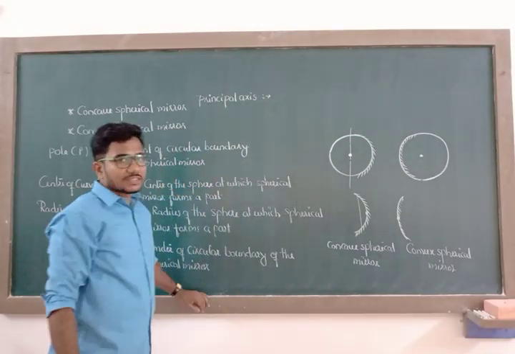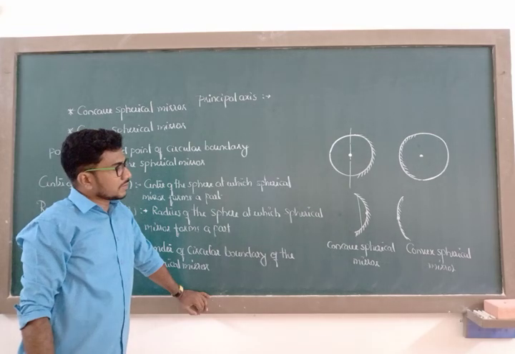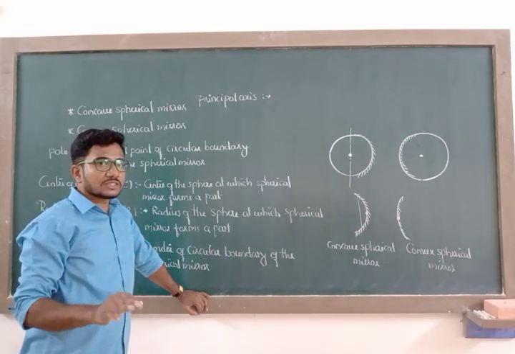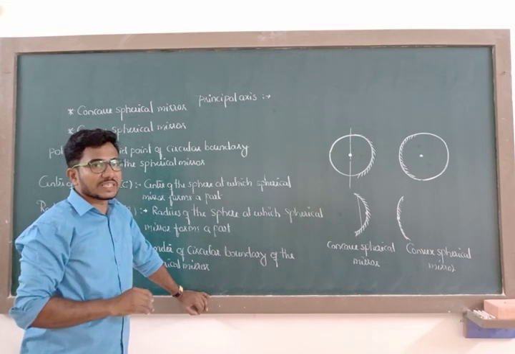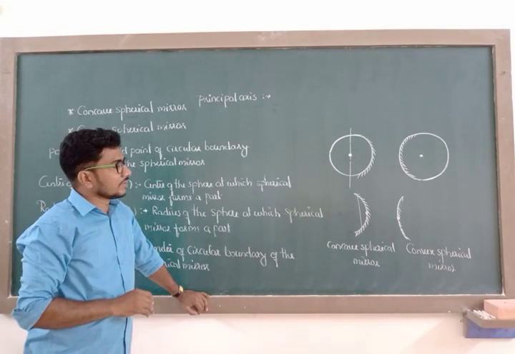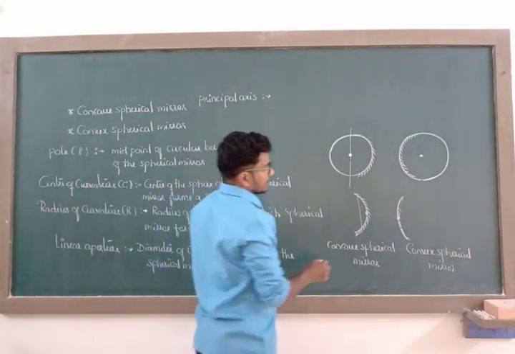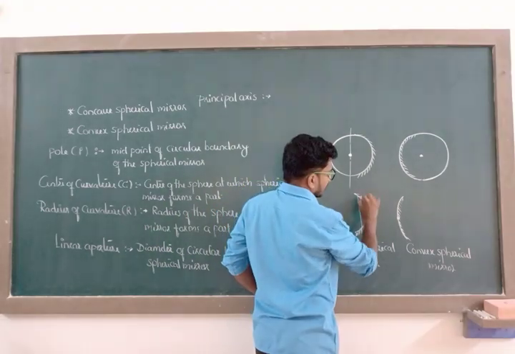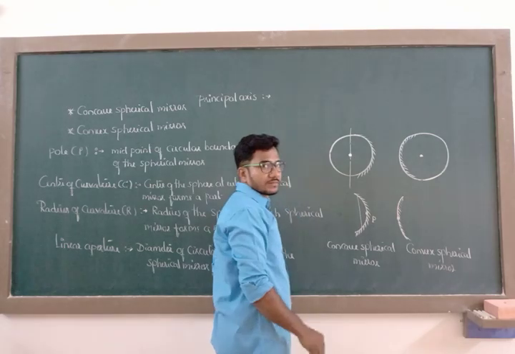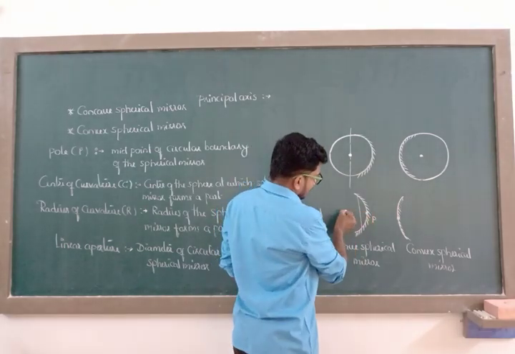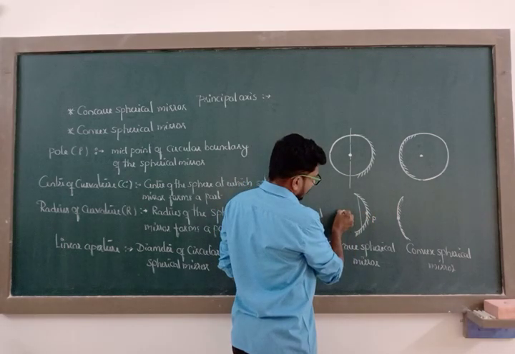Then principal axis. So principal axis is nothing but a straight line passing through center of curvature and pole of the given spherical mirror. So this is the pole of this spherical mirror. It is represented by capital P. Let us say this point be the center of curvature.